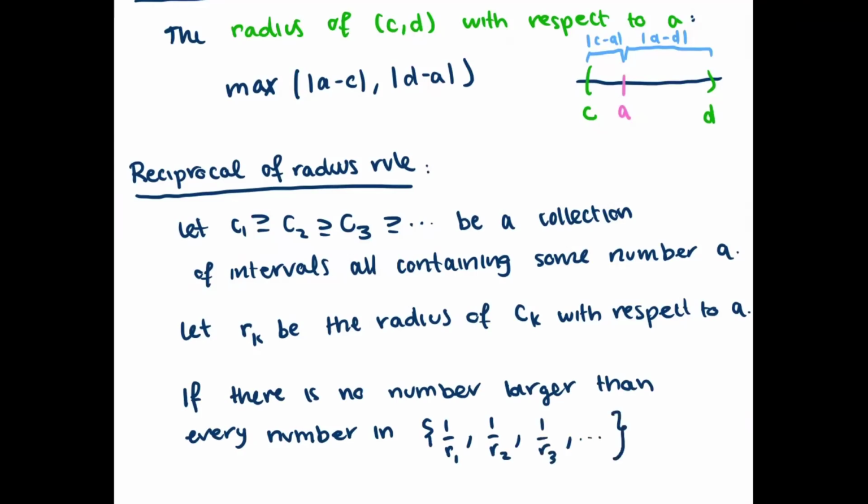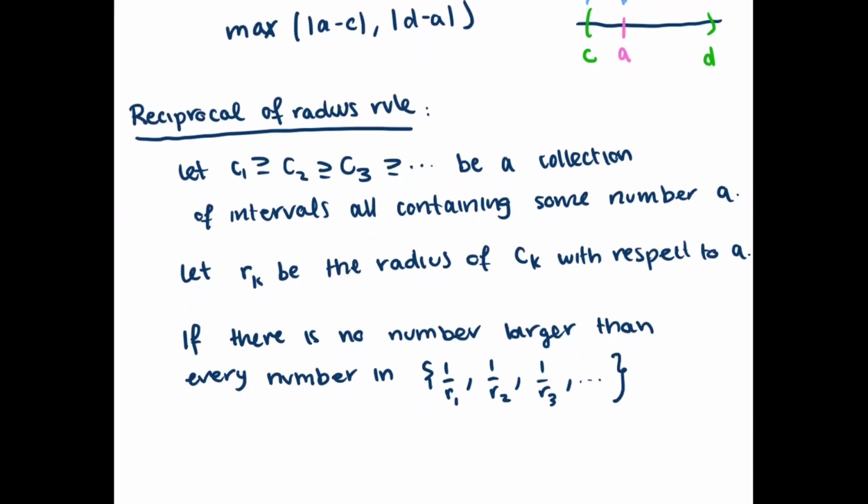All this is saying is that the 1 over the radii are getting bigger and bigger and bigger, right? They're exploding. There's no number that's simultaneously bigger than all of them. Then my C's are a collapsing collection.